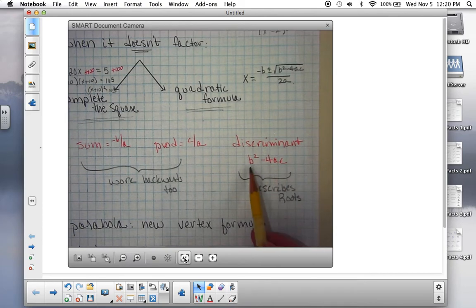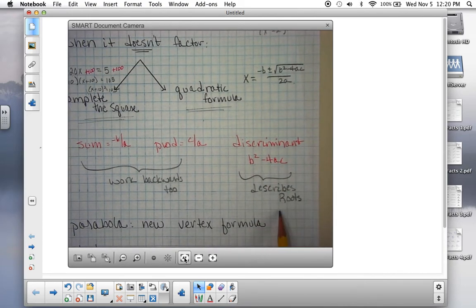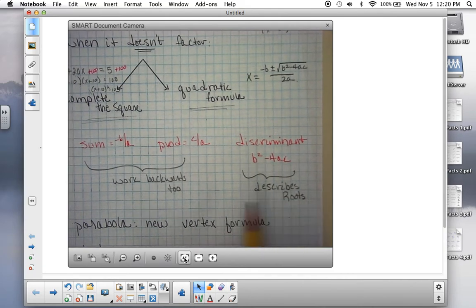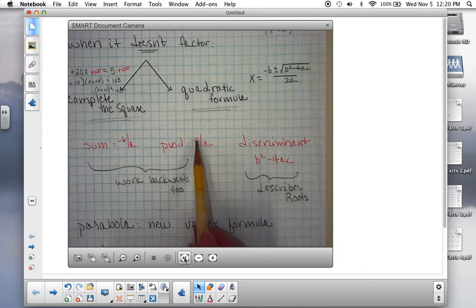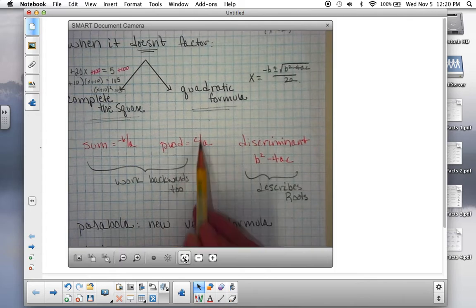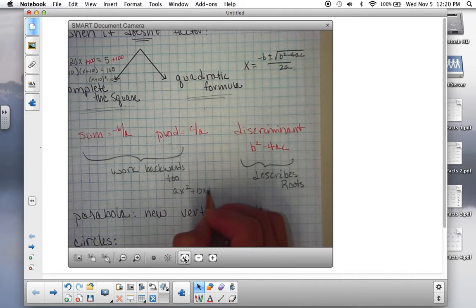Discriminant, which is just the b squared minus 4ac part. That was all about describing the roots, like real, rational, unequal, imaginary. And then the 2 small formulas, c over a and negative b over a, to find the sum and product. If they ask you to find the sum and the product, you just use the formulas. If they ask you to work backwards, you take the 2 roots and add them and multiply them to come up with the equation ax squared plus bx plus c equals 0.